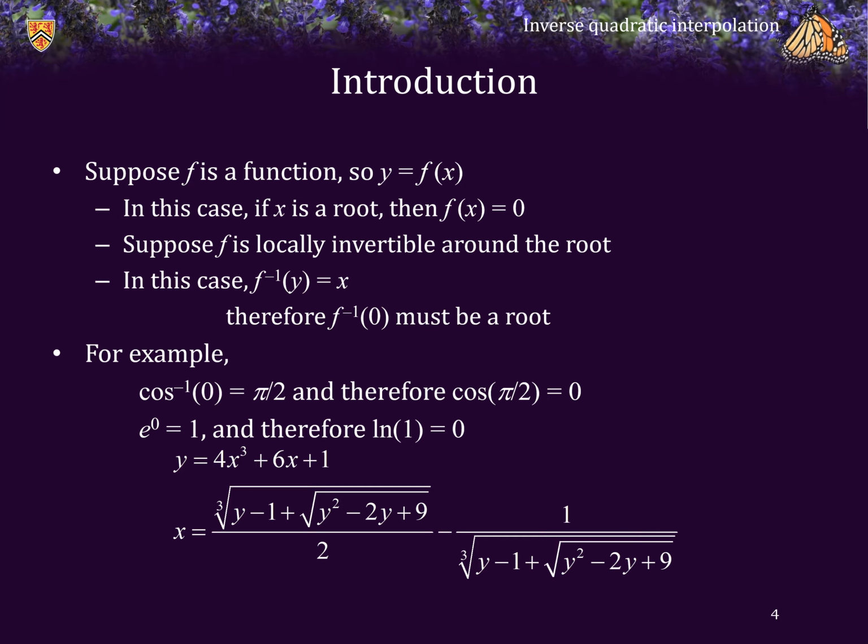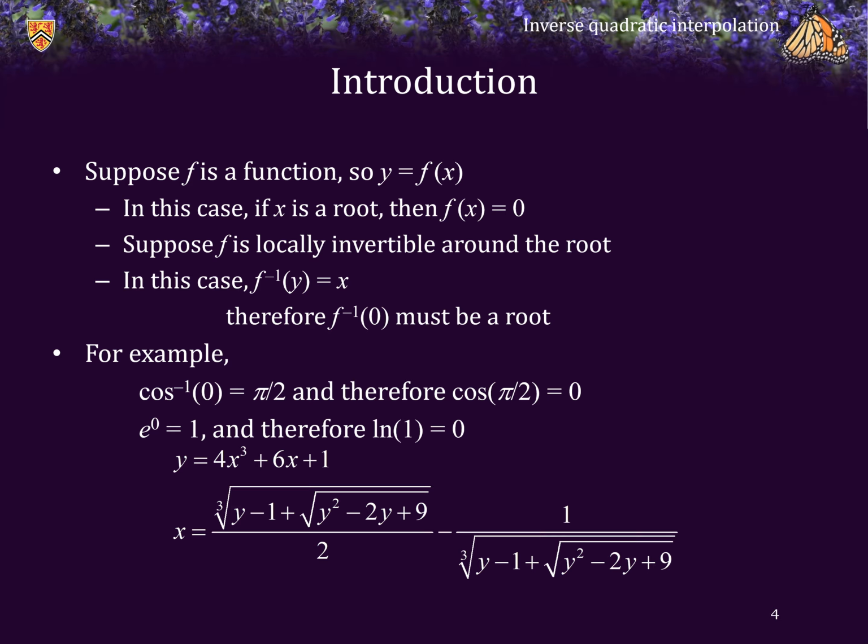Here's a nice one. If y is equal to 4x cubed plus 6x plus 1, then that function is 1-to-1 and onto for all real numbers. Therefore, there must be a unique inverse, and that inverse happens to be the function we write down here.